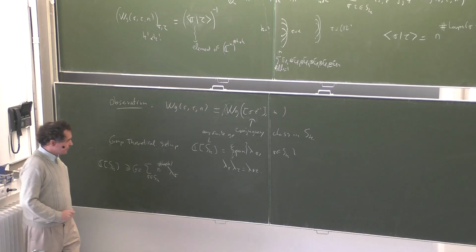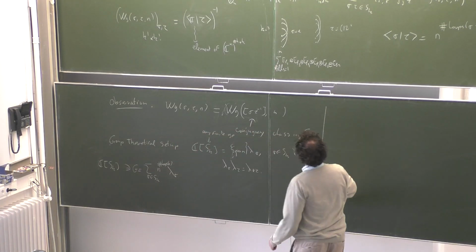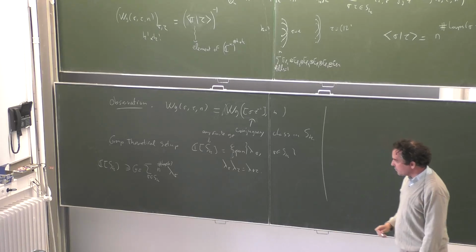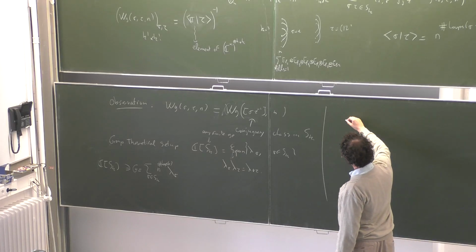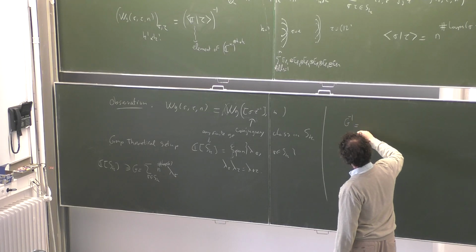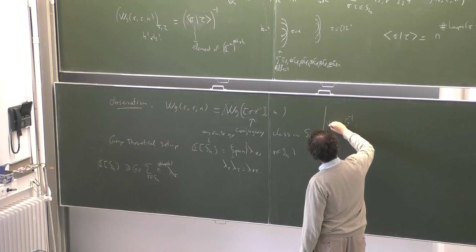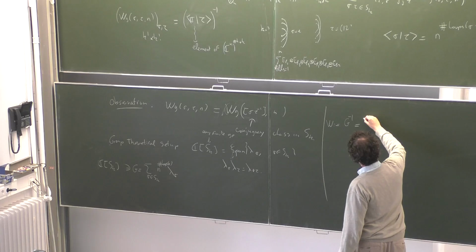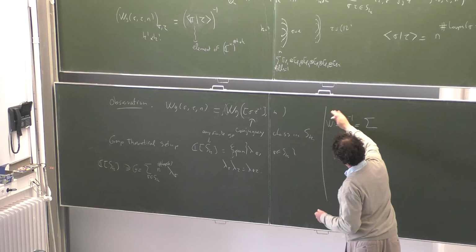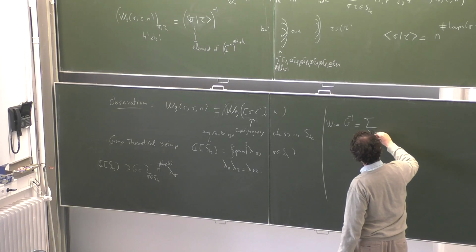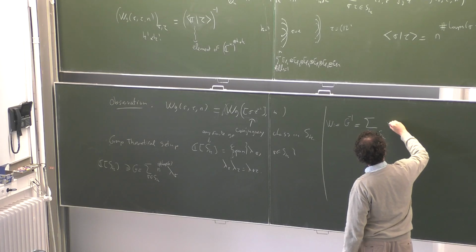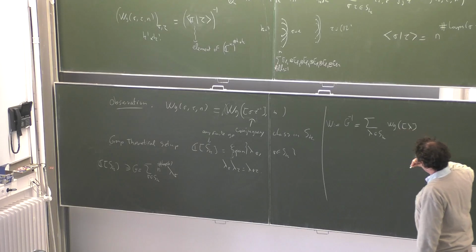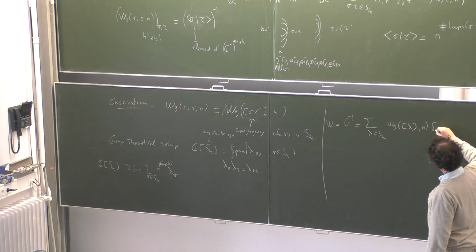If you think about that and the meaning of the inverse, what you can observe right away is that the inverse of G, which obviously I'm going to define as W, I can write as the sum over lambda in the symmetric group again of the Weingarten function of the conjugacy class of lambda times delta lambda.